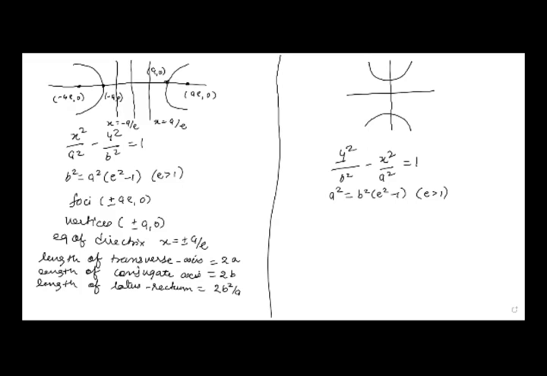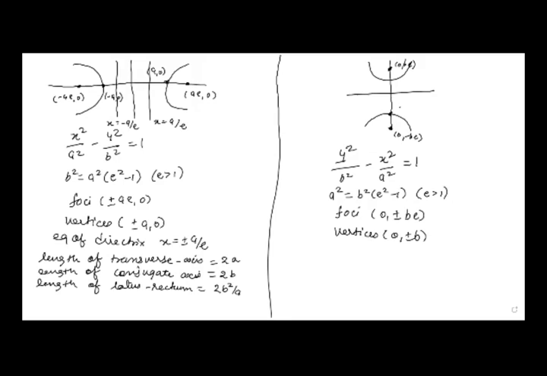Right. Here my foci will be at 0 comma plus minus be. These are the two fixed points, 0 comma be and 0 comma minus be. Then the vertices will be 0 comma plus minus b.